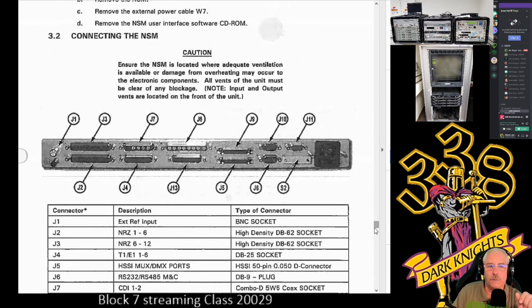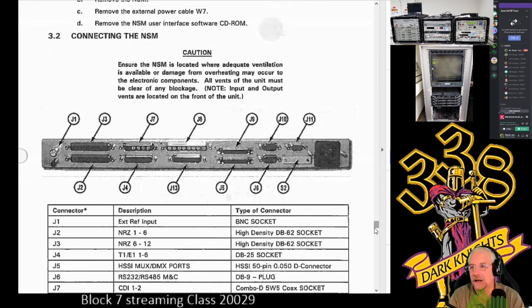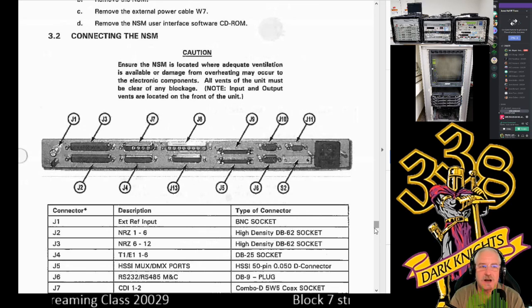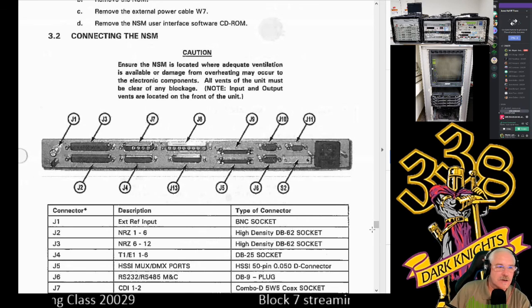This is what the rear looks like. Now, with that in mind, this piece of equipment isn't that big, but when you look on the back of the case, it's designed to break out everything. You can see that J1 has just one port for NRZ, 1 through 6.